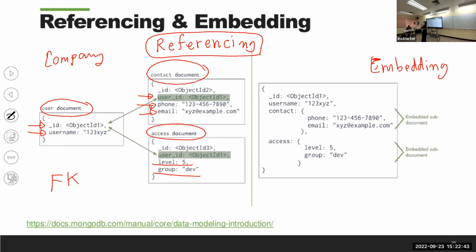It's a specialized key value, so it must have a key. What is the key for each document? If it is MongoDB, we use this attribute name, _id, to refer to the key. It is reserved and it is a standard. You cannot use it for other meaning.